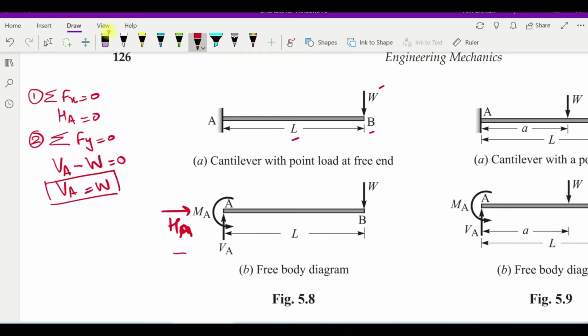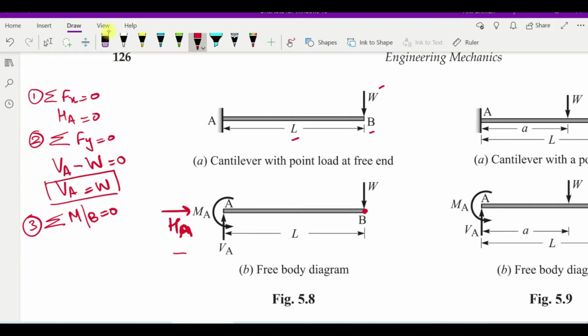And we want to find out MA. Let us take moment about point B. If we take moment about point B, and moment is equal to force into distance, the moment due to W will be 0 because the distance between point B and the point of application of W is 0.